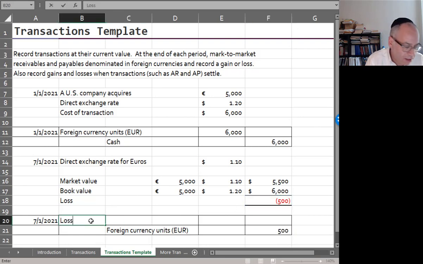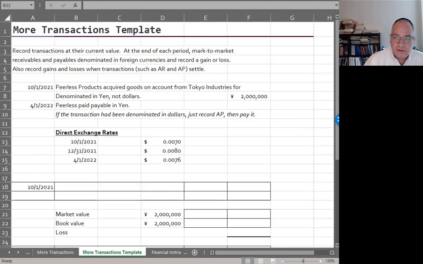And the debit is going to be debit loss, or I'm going to abbreviate foreign currency as just FC, translation loss for $500. And that will, in effect, record the decline of value on my balance sheet.